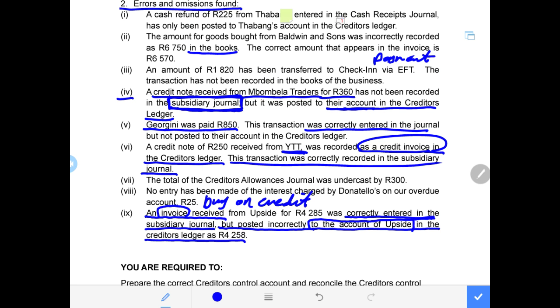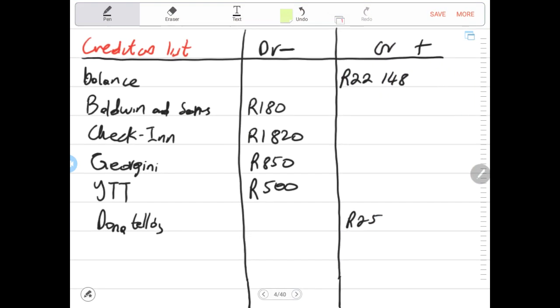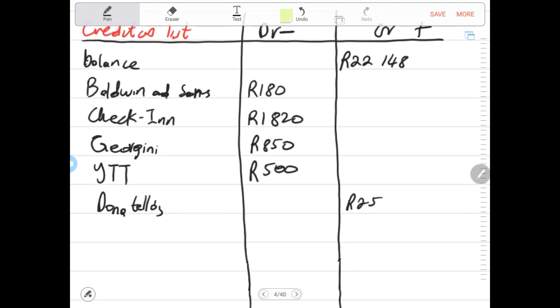Our liabilities increase on the credit side. By how much? By 4,285. So we must record the 4,285, indicating that our creditors are increasing on the credit side by the amount of 4,285, which is for Upside.